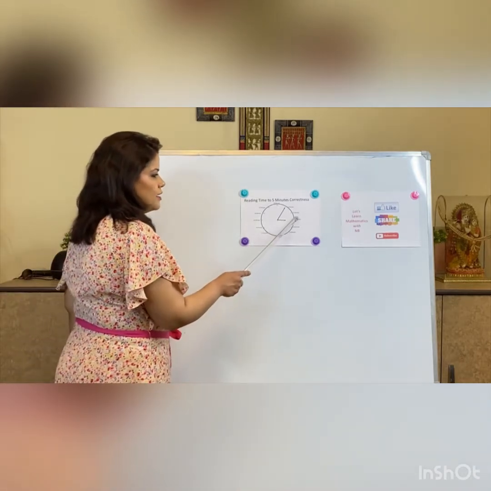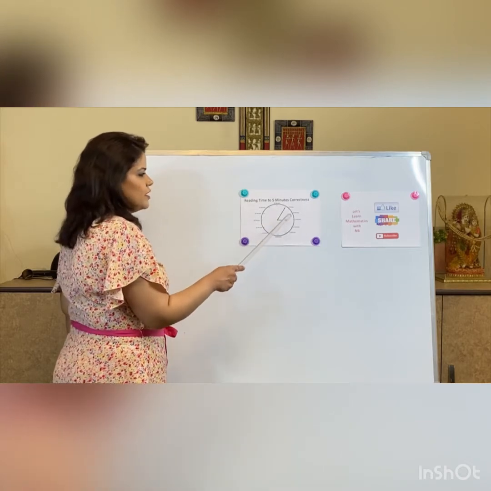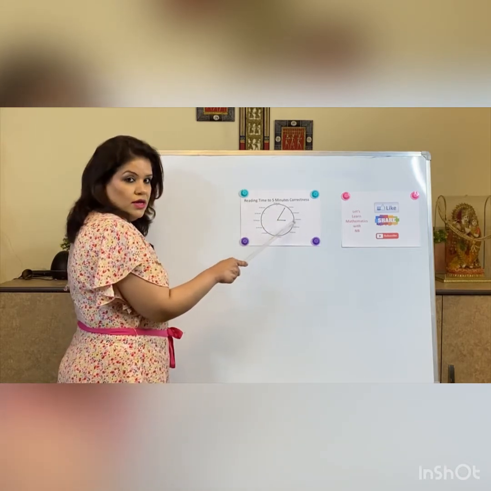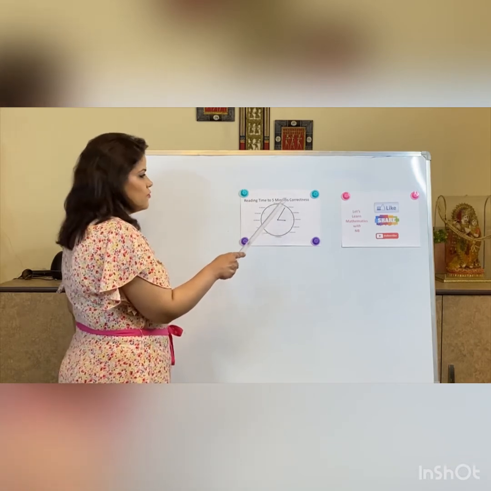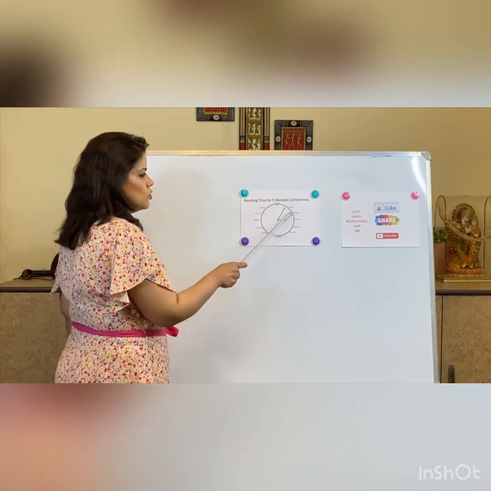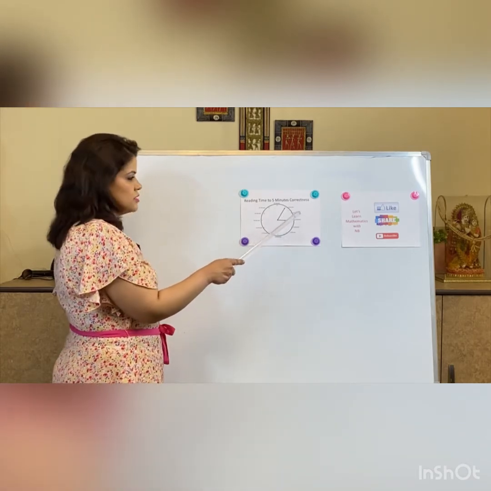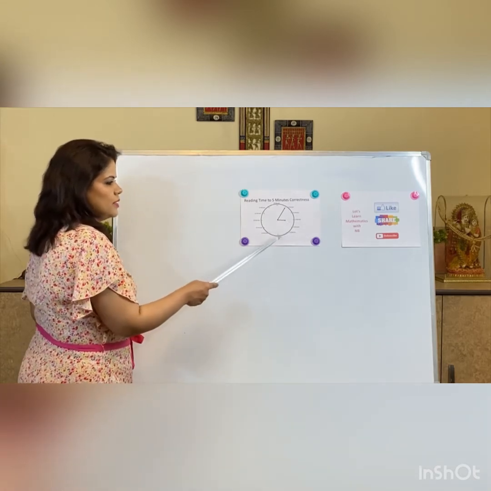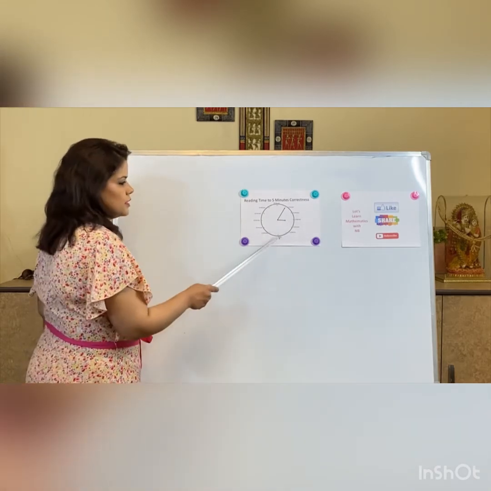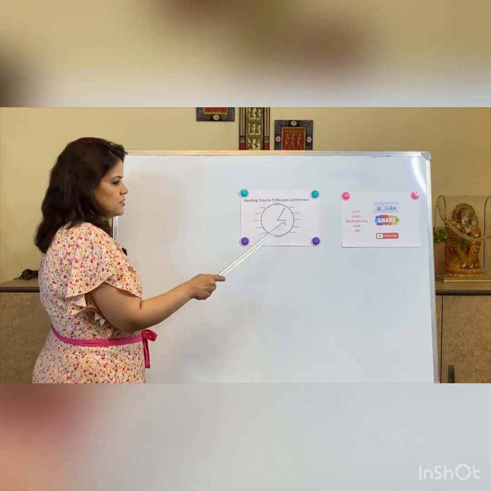Since the hour hand is towards 3 and the minute hand is towards 1, we will read it as 3:05, that means 3 hours 5 minutes. And if it goes towards 2, that will become 3 hours 10 minutes. So this way 4 will become 20 minutes, 5 will become 25 minutes, 6 will become 30 minutes. It is 60, the half is 30 minutes.